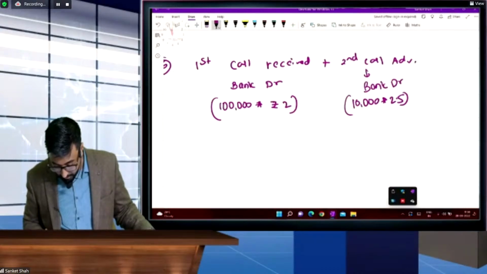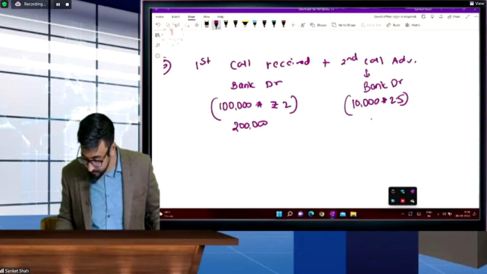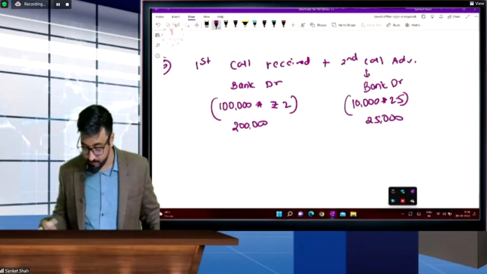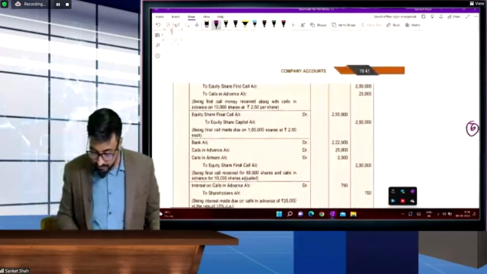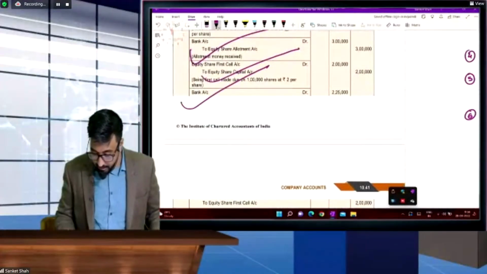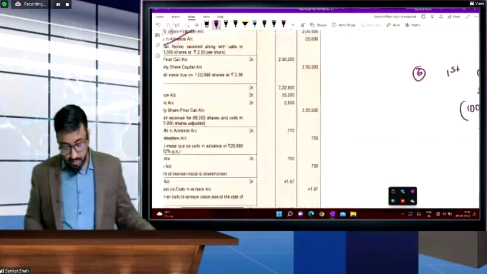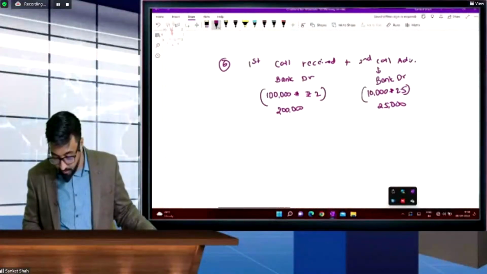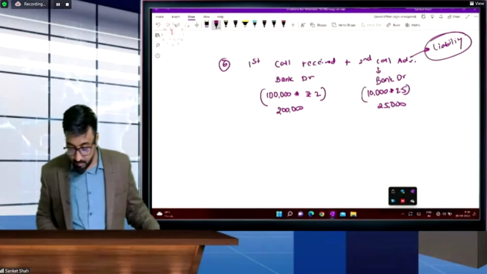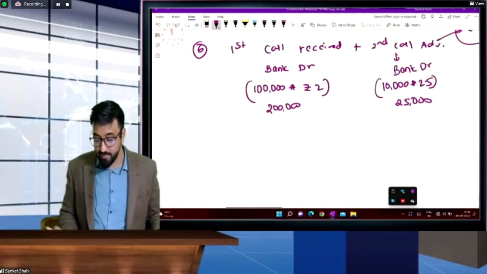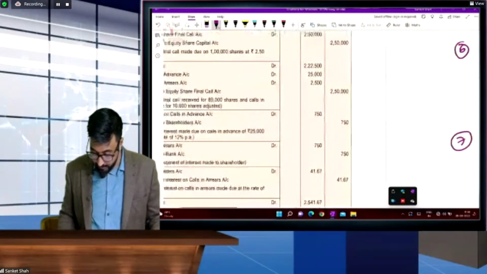Bank account debit 2 lakhs and 25,000. Equity share first call, calls in advance. So beta, this is your liability. Calls in advance is your liability. Sixth entry understood.